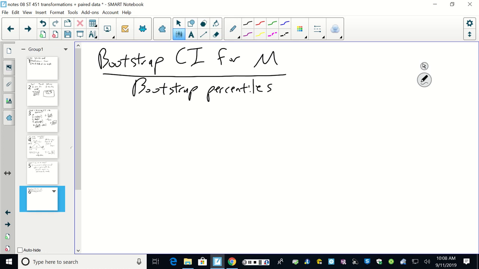The way that this would go is if we have our data y1, y2, up to yn, and we calculate, say, y bar as an estimate of mu. Now we want to know something about the sampling distribution. And so we can create bootstrap samples.